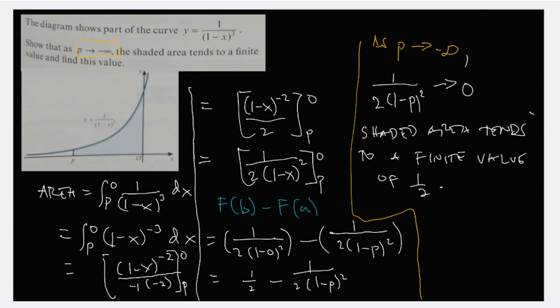Or we can also say that, therefore, the improper integral from p to 0 of 1 all over 1 minus x raised to 3 dx has a finite value of 1 over 2. So you can do it like this in statement form, or you can just write the given.